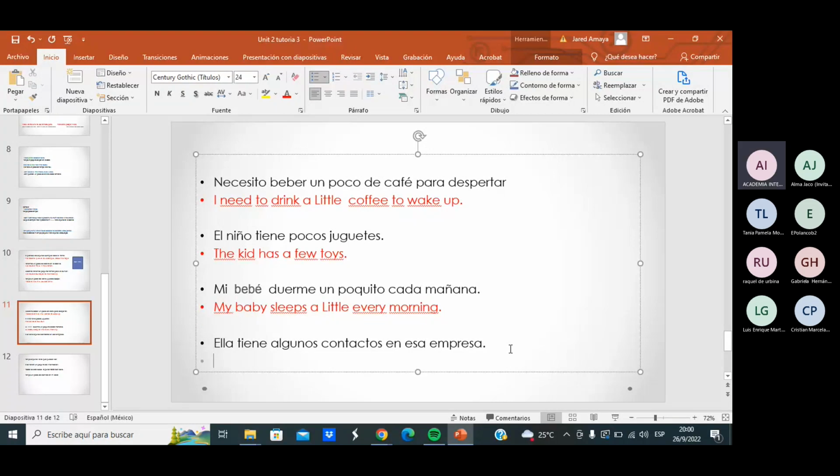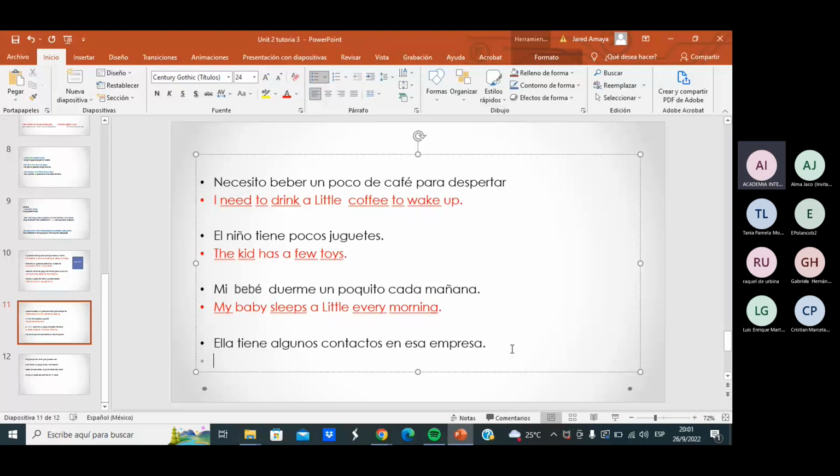Okay, number 4. Teacher, en esa oración se podría usar el many.